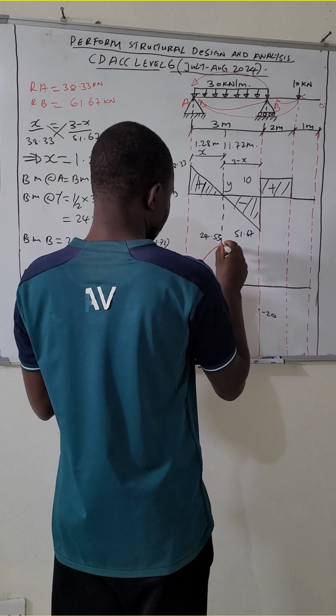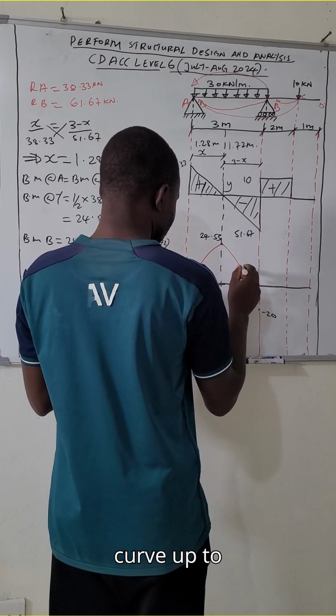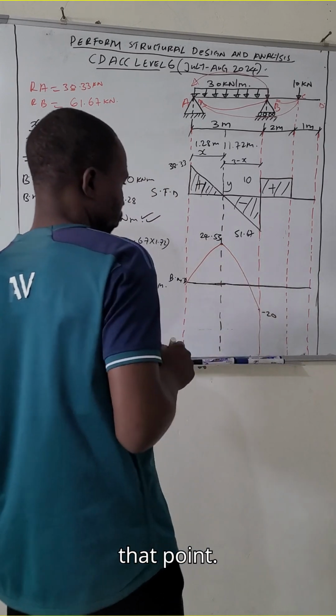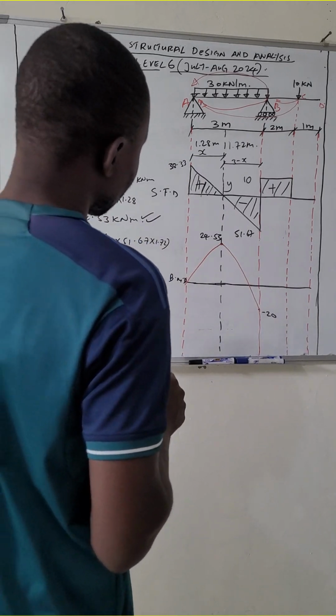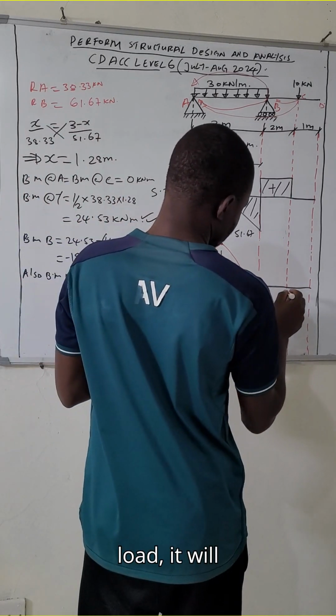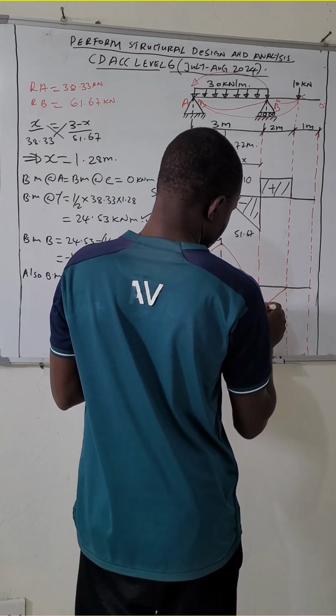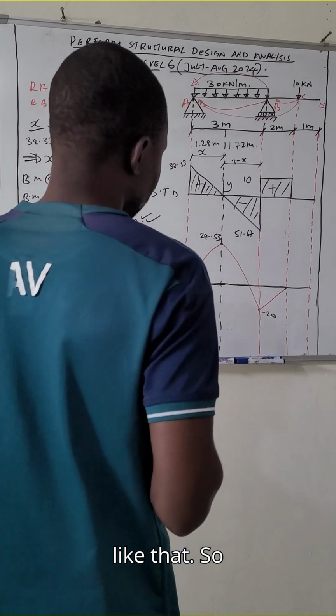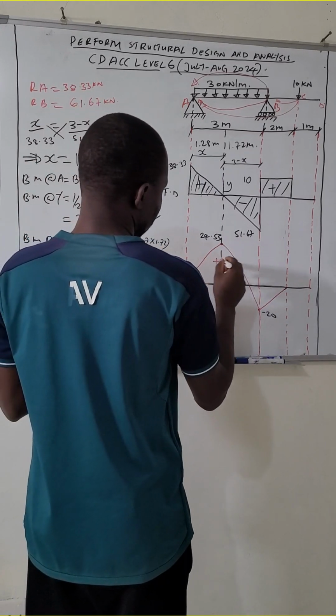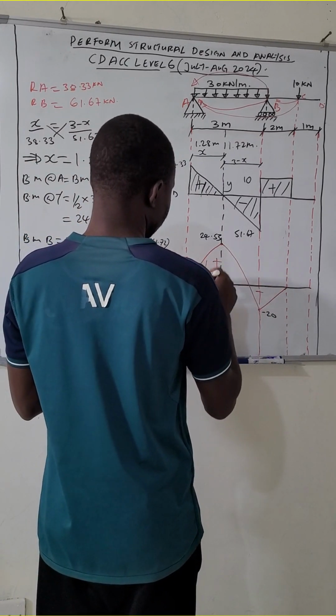Again, another smooth curve up to that point. Then where we have the point load, it will be a straight line, like that. So here is positive, here is negative.